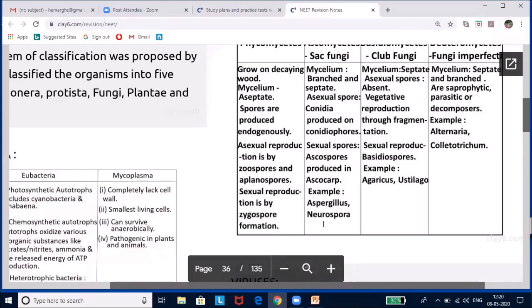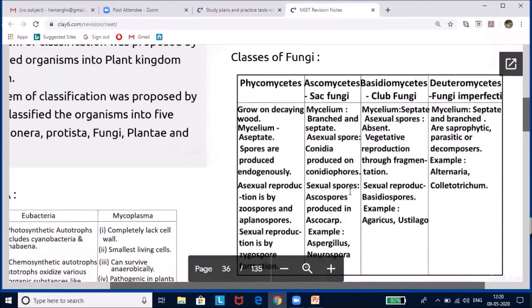Neurospora is called the Cinderella of genetics because it is extensively used in genetical experiments. And Claviceps is very important because it yields the drug ergotamine, which is used in LSD, a narcotic drug. Now, Basidiomycetes. Mushrooms are called basidia and they are club shaped.